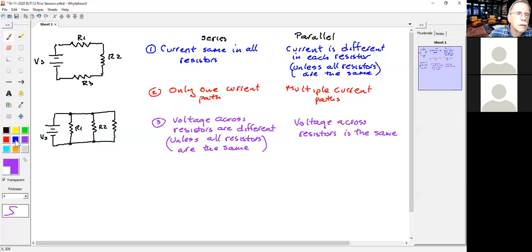In a series circuit, REQ has to be greater than the largest resistor value. In a parallel circuit, the REQ has to be less than the smallest resistor.